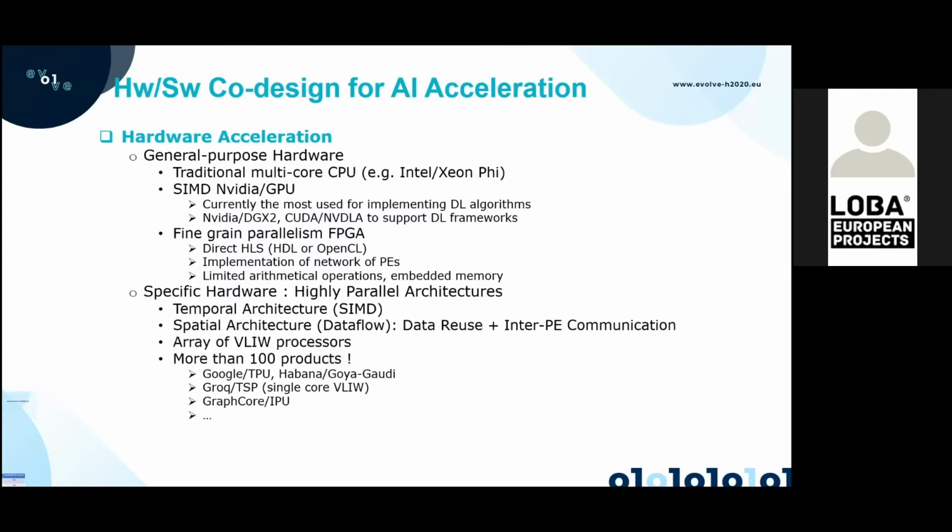hardware to accelerate AI. Besides the GPUs, we also have fine-grained parallelism FPGAs, which are also general purpose hardware accelerators, but much less integrated with frameworks. Today, the most used approach for this kind of accelerator is to use high-level synthesis, using either a hardware description language or the OpenCL standard, for example.